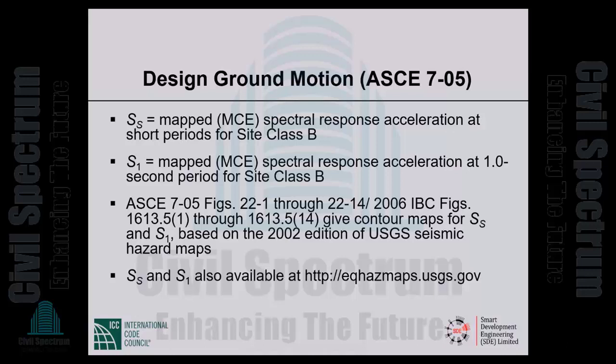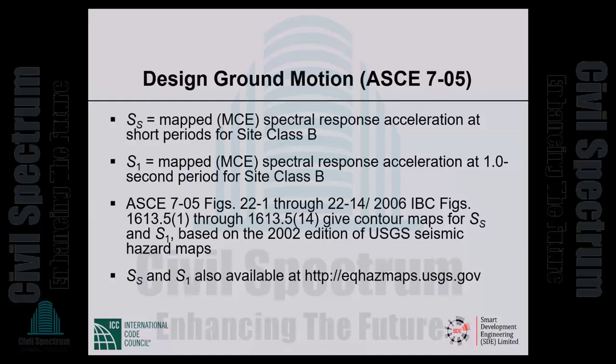What is given and where we start are two related quantities, S sub S related to S sub DS and S sub 1 related to S sub D1. S sub S is the mapped maximum considered earthquake spectral response acceleration at short periods for site class B.